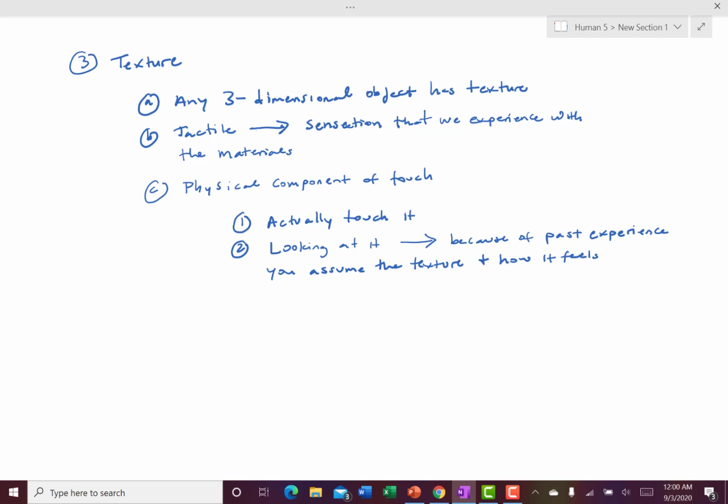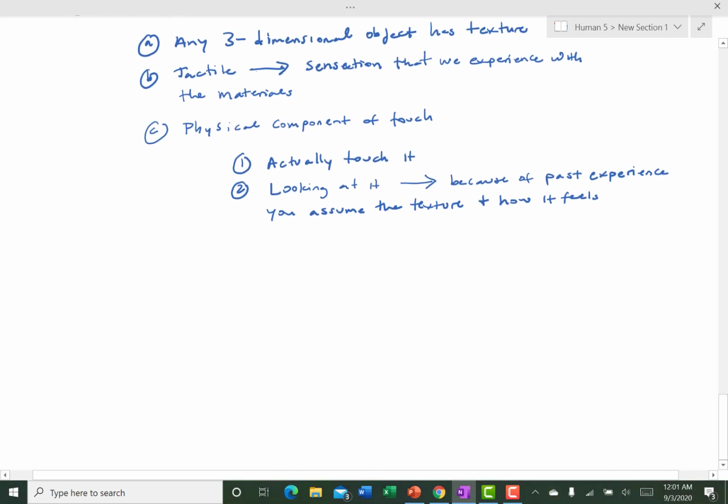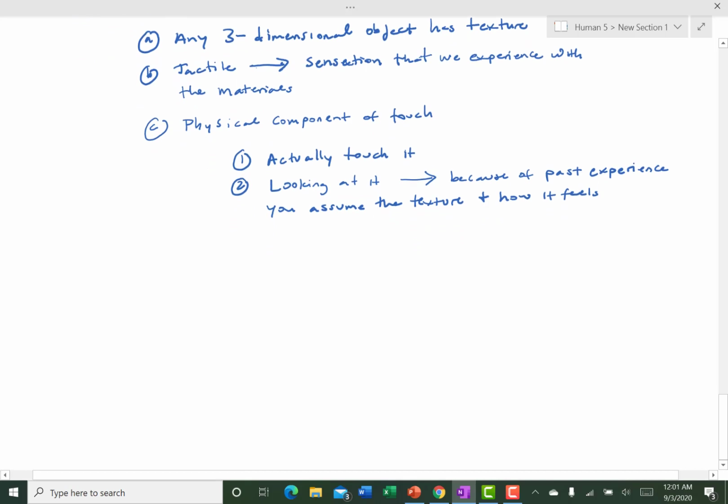You can also then have the actual texture, right? Any three-dimensional object is going to have actual texture. If something's made out of wood, it's made out of wood and it feels like wood. So we'll put the actual texture here and then we'll do implied.